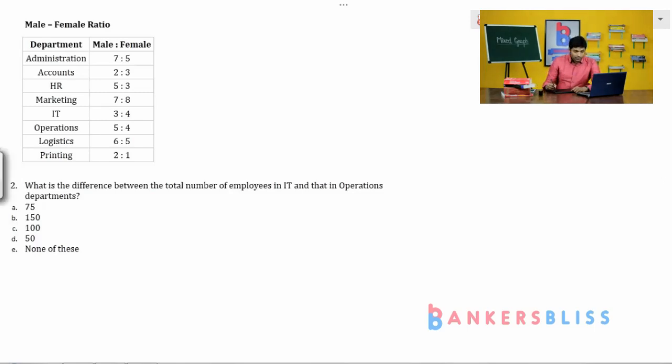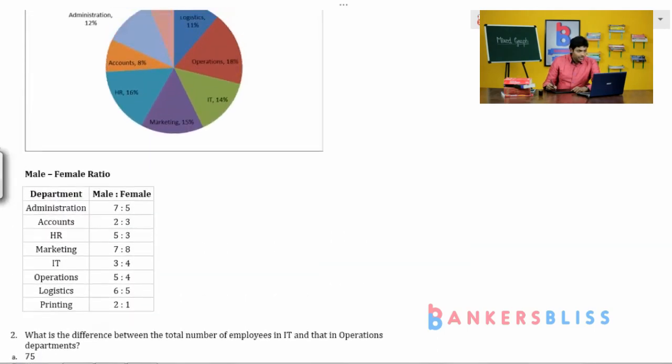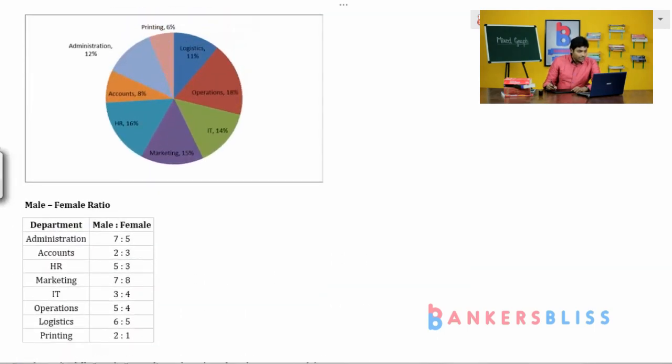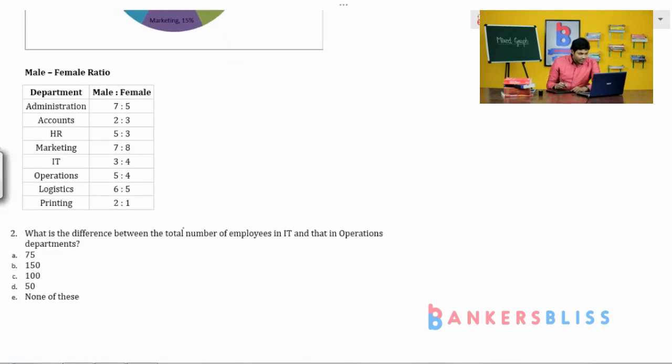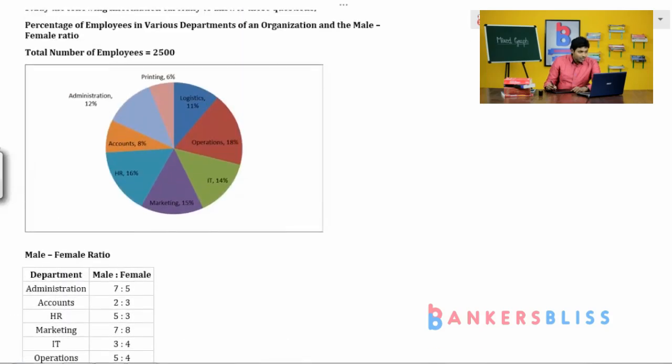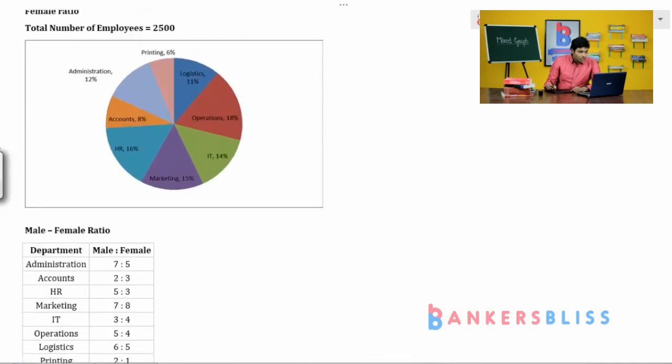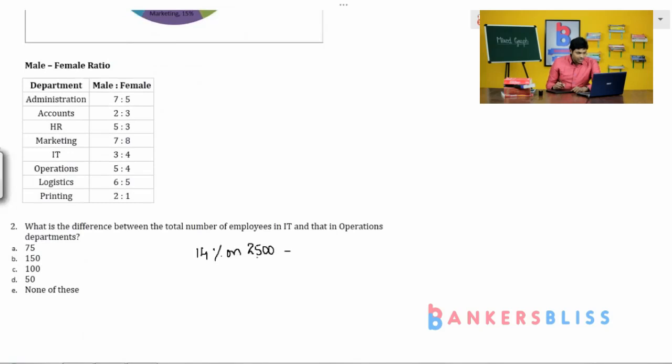So IT employees form how many percentage? IT employees form 14%. So 14% has to be calculated on the total number of employees, that is 2500, minus next operations forms 18%. So 18% on 2500.